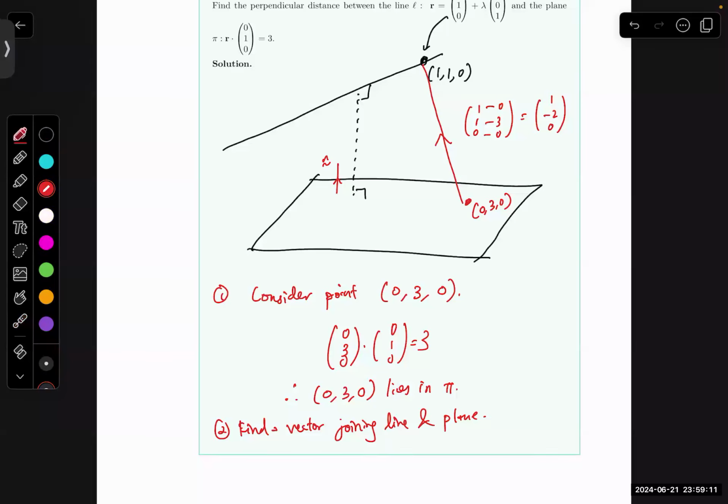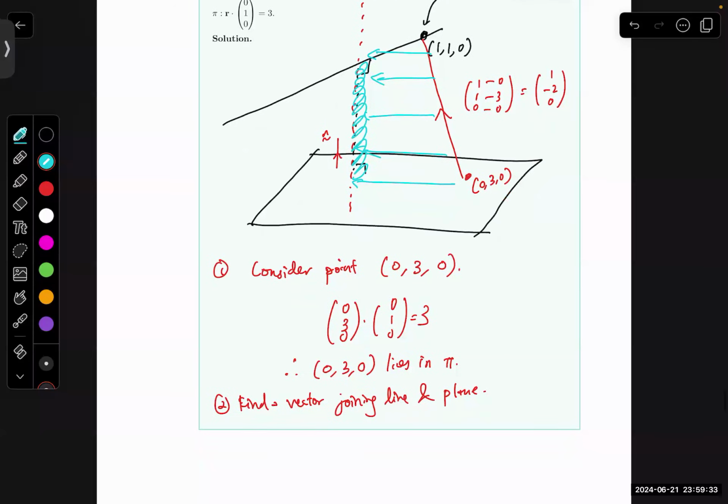The normal vector points in this direction. When I take this red vector and smash it onto there, what do I collect? I collect a projection.